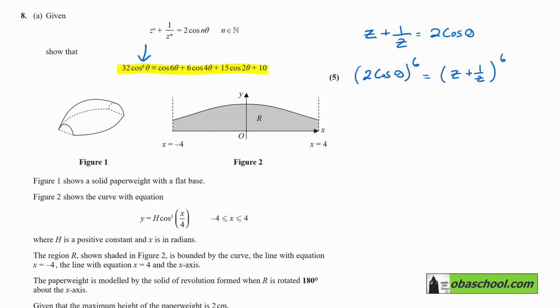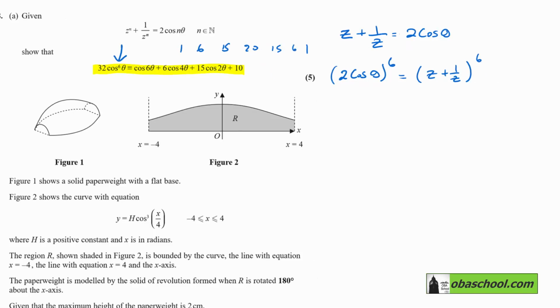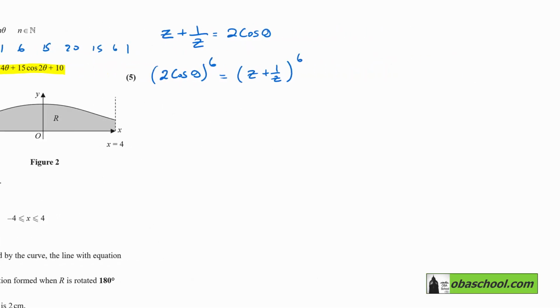If we use Pascal's triangle, the line we want is 1, 6, 15, 20, 15, 6, 1. So, 64 cos to the 6 theta is going to be z to the 6.